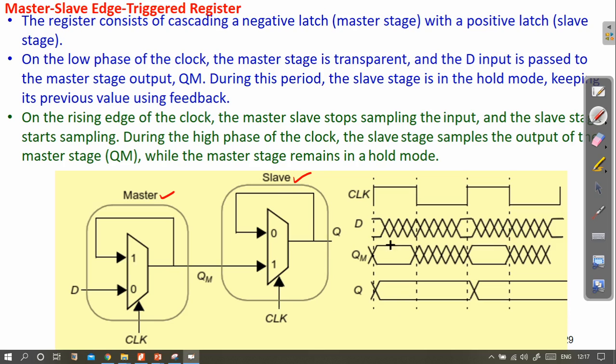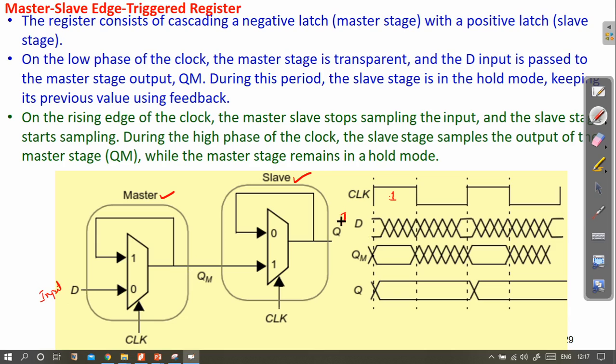This is the timing diagram for this master slave register. So look here. When clock is high, let's assume any input signal coming at D. This is the input signal that is entering into this register.